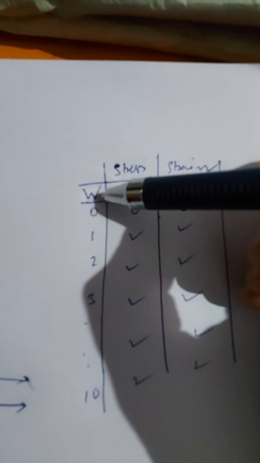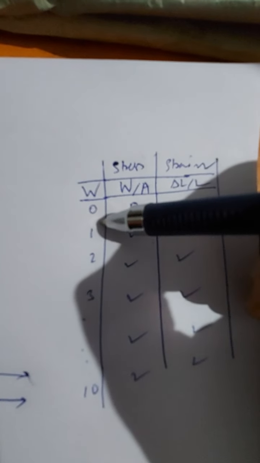In this table, just as an example, say we put a weight of 1 kg, 2 kg, 3 kg, till 10 kg. Then there will be a corresponding stress, and as a result of this stress, strain delta L by L will be produced.